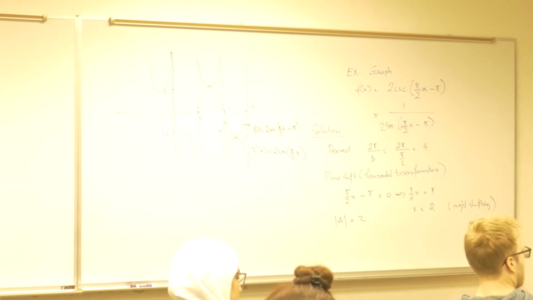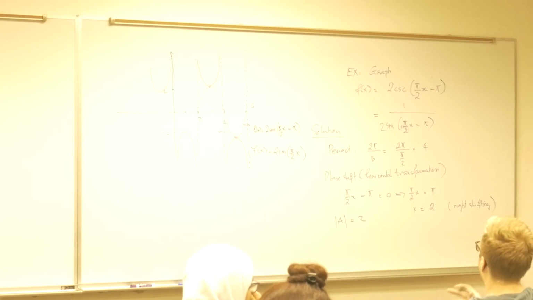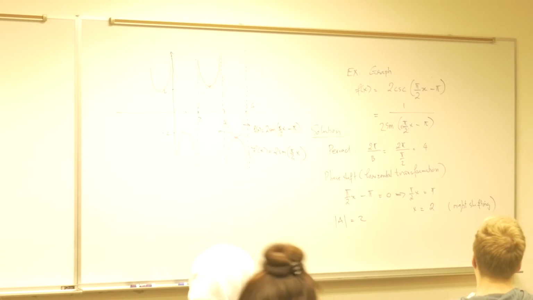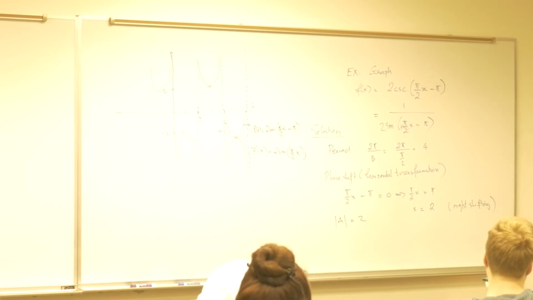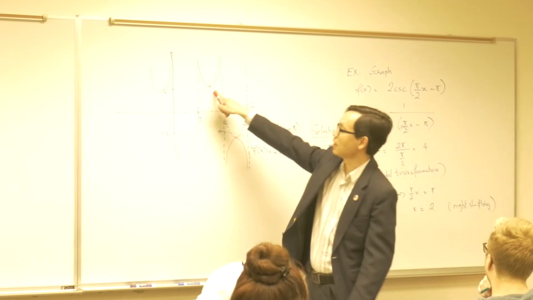Any question? Yes? It seems like the y value where it starts should be 4, because cosecant at pi over 6 is 2 without the amplitude. No? You mean that it starts over here at 4 instead of 2?